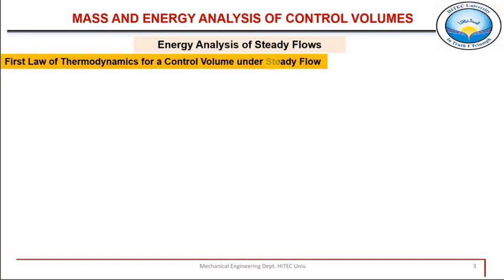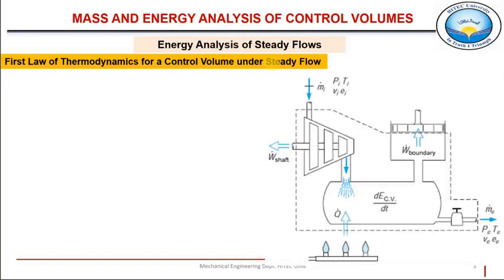So here you see in this diagram that it is some system, some control volume, where all the possible energy interactions with the surroundings are shown. For example, here mass is entering into this system. This is not some actual or practical system, just a schematic to represent various types of energies which may be crossing the system boundaries into or out of the system, in the form of heat, for example, or in the form of work.